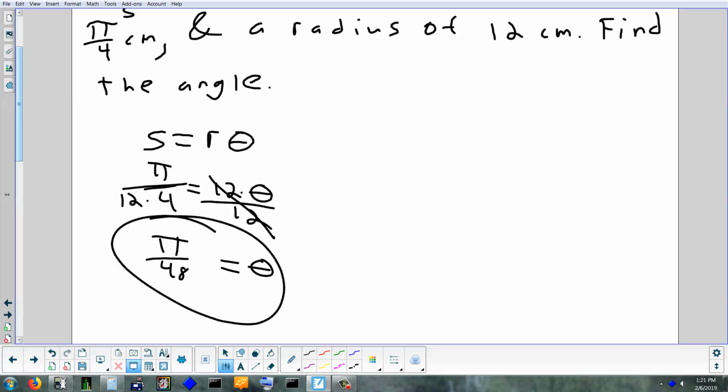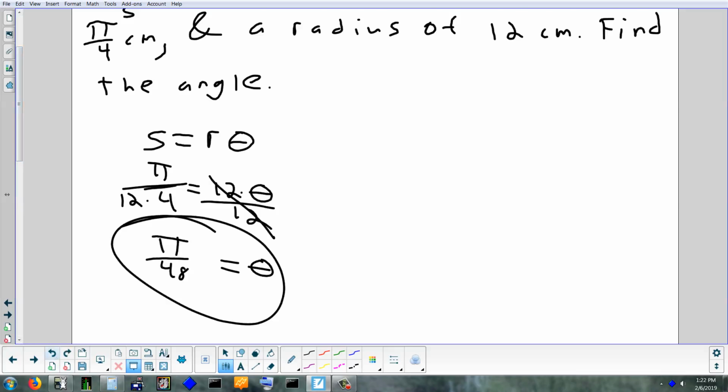No. Right, radians, it's invisible. You don't put it. Pretend like it says RAD in white right there. It's invisible.